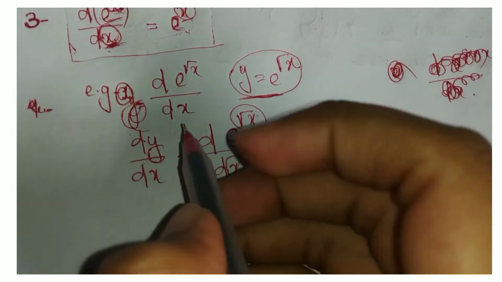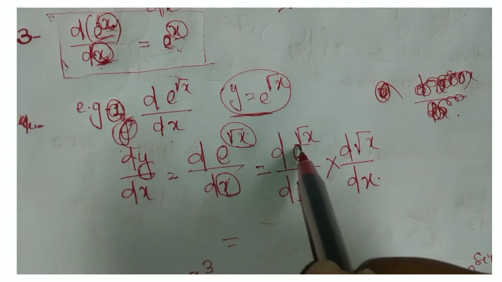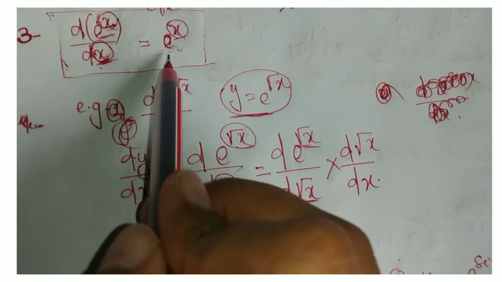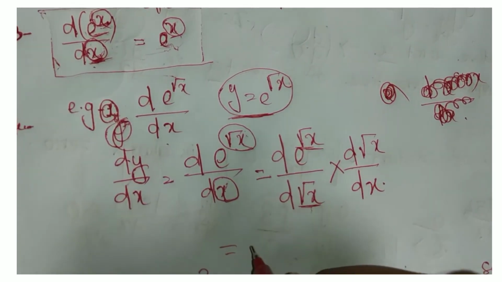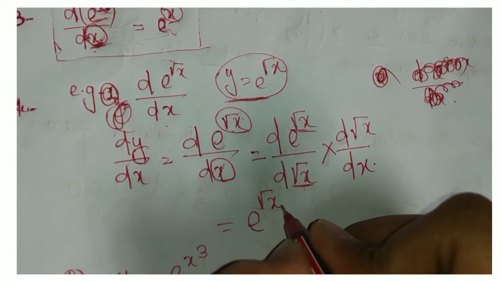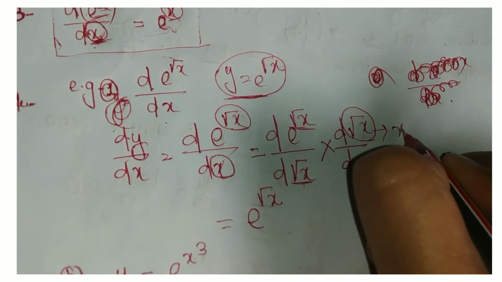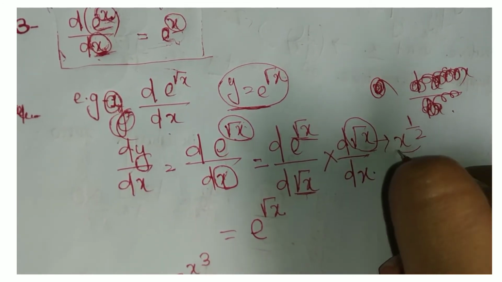Here we find the formula. Here root over x and root over x, same as e to the power x. Here we write the answer as e to the power root over x, and this we can also write as x to the power 1 by 2. It is the formula of x to the power n.